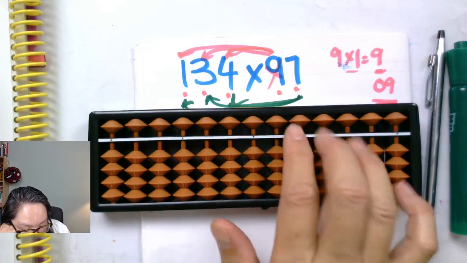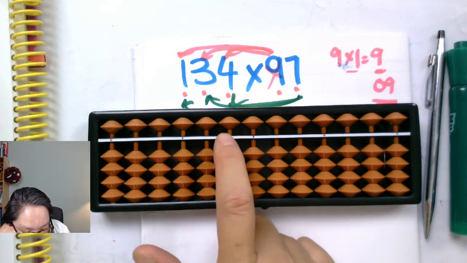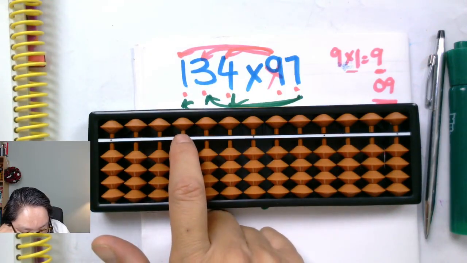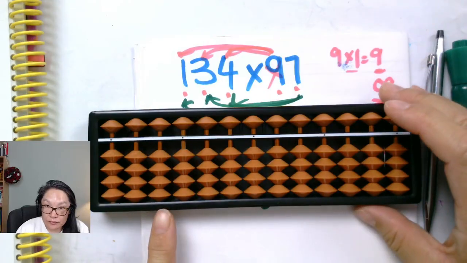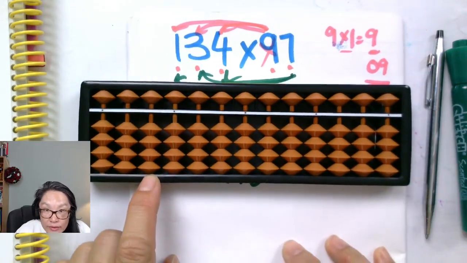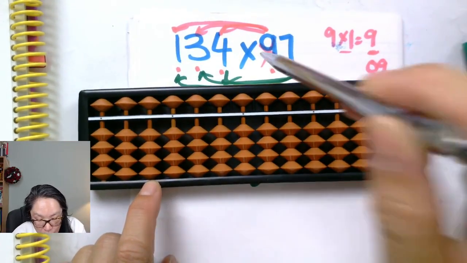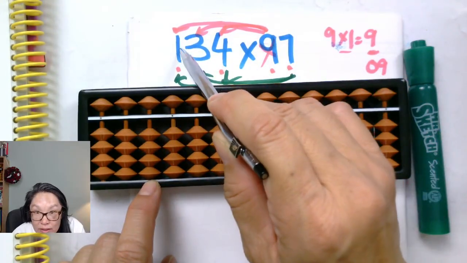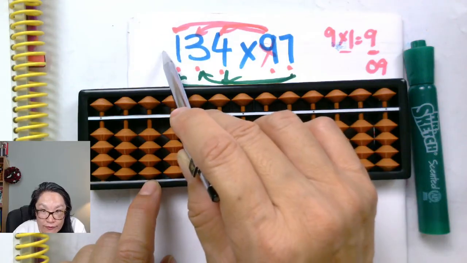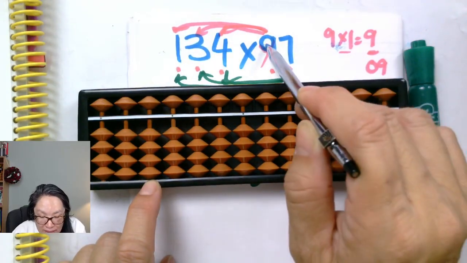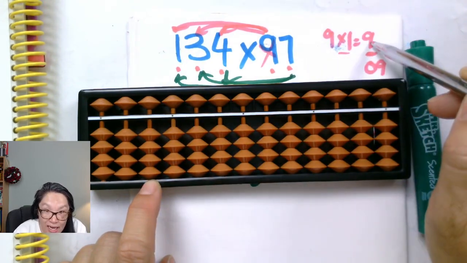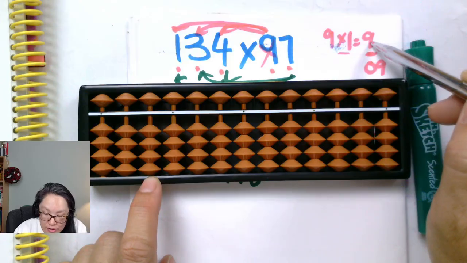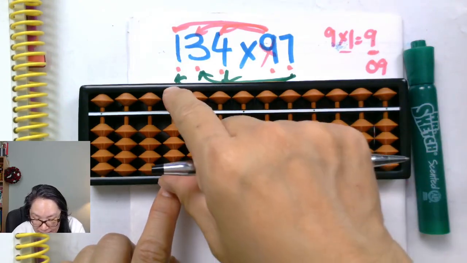So we know we're going to put our answer here. 1, 2, 3, 4, 5. I'm going to put my finger here. Now we will go from 9 times 1. So we always start from left to right. 9 times 1 is 9. 9 is a single digit. I go back one column and I add the 9.